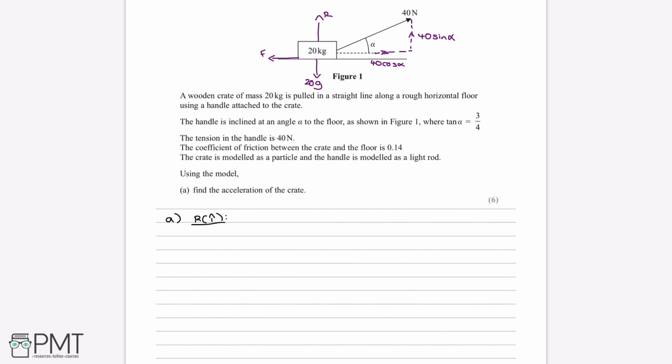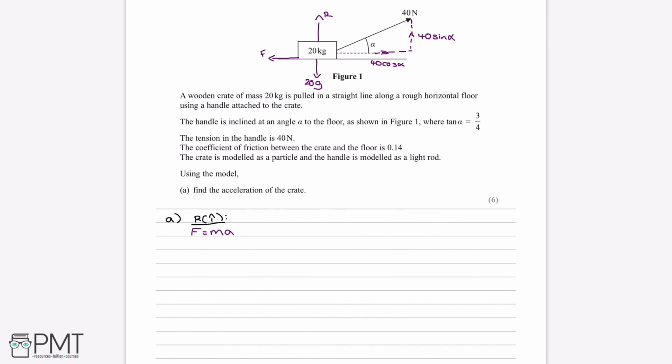This is using the equation F equals ma. So if we start with the forces, on the left-hand side, we know that the force acting in the direction of R, this force here, which is R, and also this component of the tension acts upwards, 40 sine alpha.